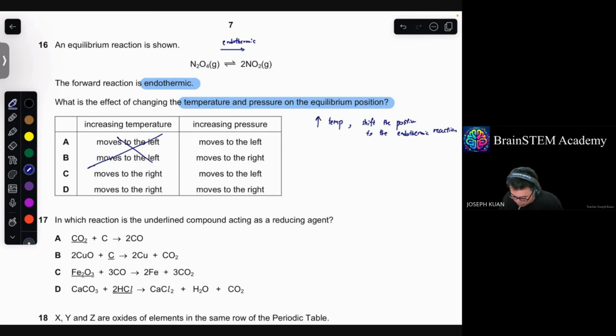Moving on to increasing the pressure. Increasing the pressure of a system in equilibrium will change the equilibrium position to the side with fewer gas particles.